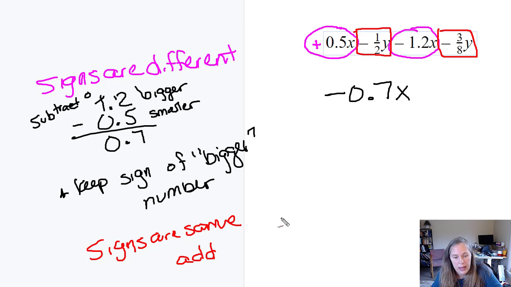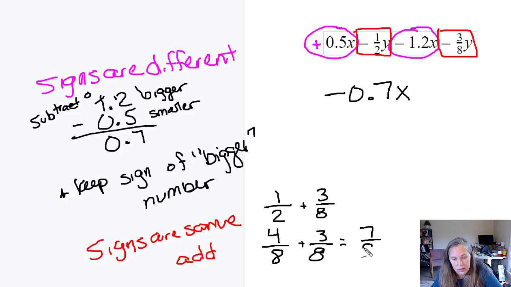So we've got 1/2 plus 3/8. When you're adding, you need a common denominator. It's going to be 8. 2 goes into 8 4 times. 4 times 1 is 4/8 plus 3/8 is 7/8.